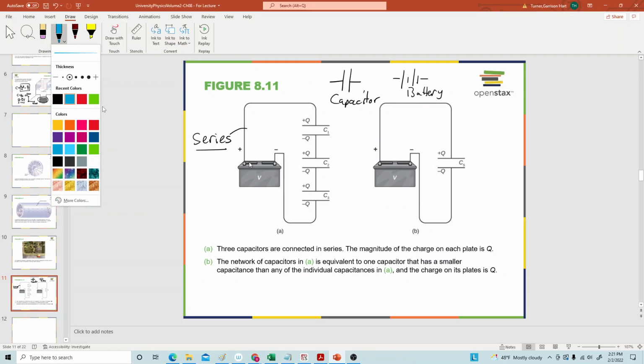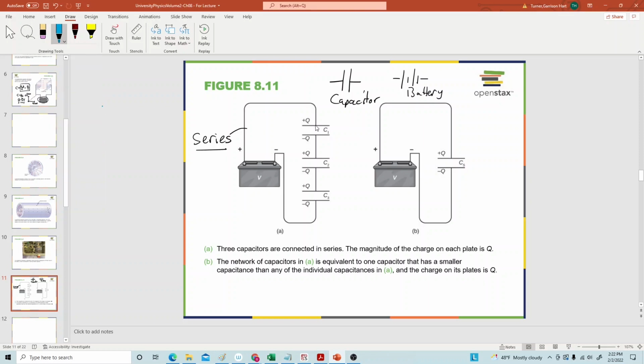If we define the negative charge as the things that are moving, when these plates were neutral, you flip a switch to connect the wires to the battery terminals, and the negative charges would flow this way and be expelled this way and be deposited on this negative plate.